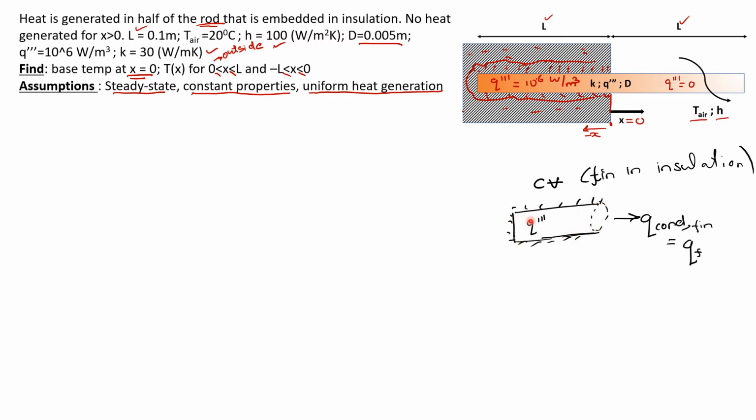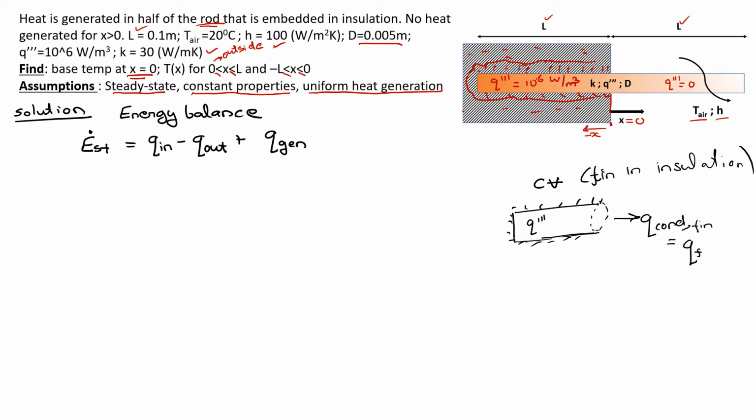The control volume has a volumetric heat generation, and there's no heat coming in because it's insulated from all sides, but there is Q conduction going outside this rod, and this Q conduction is nothing but your fin rate at x equals 0. So the control volume that we've taken is the portion of the rod that is inside the insulation.